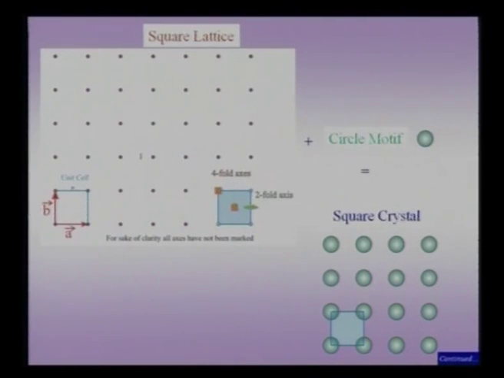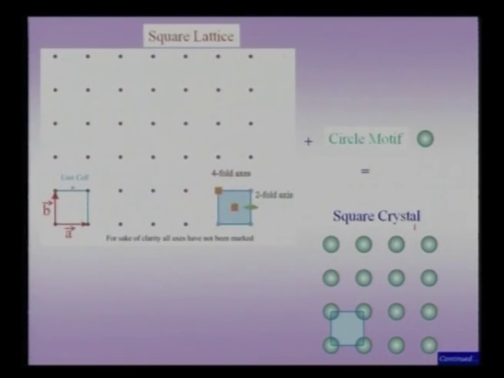Now, how is the crystal? The crystal is the one which is shown on the right hand bottom side of the figure. So, we get a crystal, and the unit cell of the crystal is the one which is marked in blue. Therefore, starting with the square lattice and putting a circle motif, I get a square crystal as shown here.